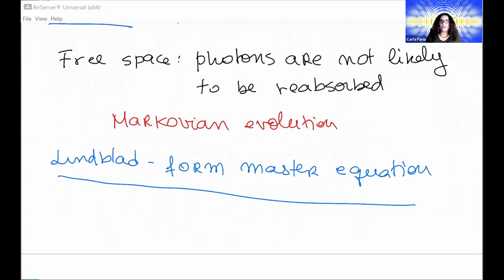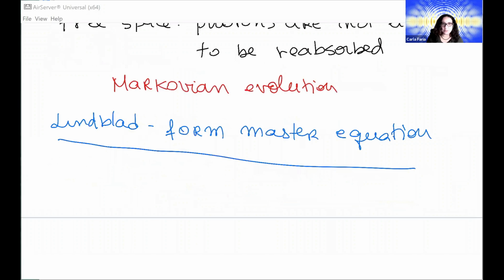We could do it more rigorously, so we could derive this evolution from first principles, solving the time-dependent Schrödinger equation for a two-level atom in a field, and then tracing out the state of the field. If you are interested, do have a look at quantum optics books. That's not how we're going to do it. We are going to start from the formulation that we have derived, which is to a certain extent phenomenological, but it is quite powerful, and this is going to illustrate how we can go about it.